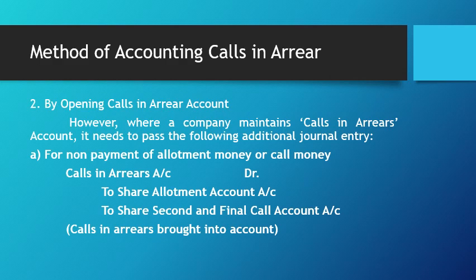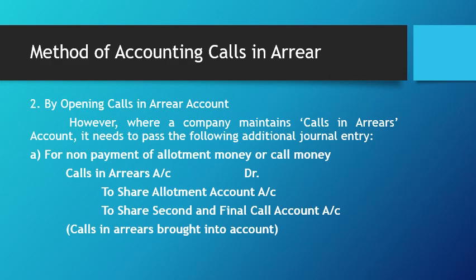When a company maintains a separate calls in arrear account, we need to form a separate journal entry. If we are maintaining a calls in arrear account, we have to include calls in arrears in our journal entries. If the arrear happened with allotment, the journal entry will be: calls in arrear account debit to share allotment.